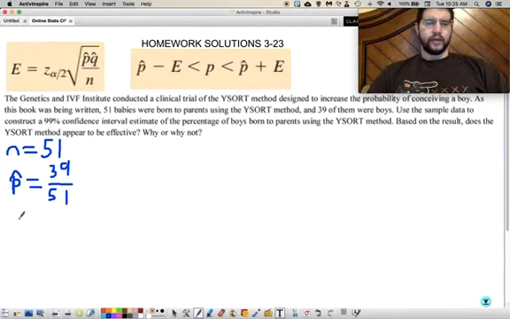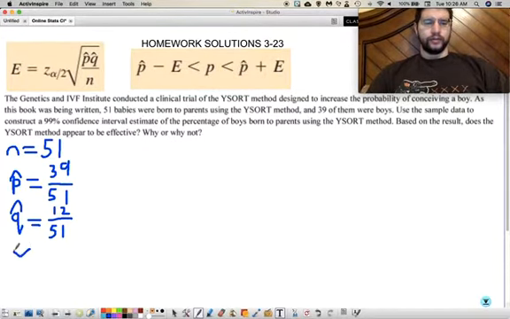One minus that would be q-hat. So q-hat is 12 out of 51. Remember, they're complements of each other. So 1 minus 39 over 51 is 12 over 51.